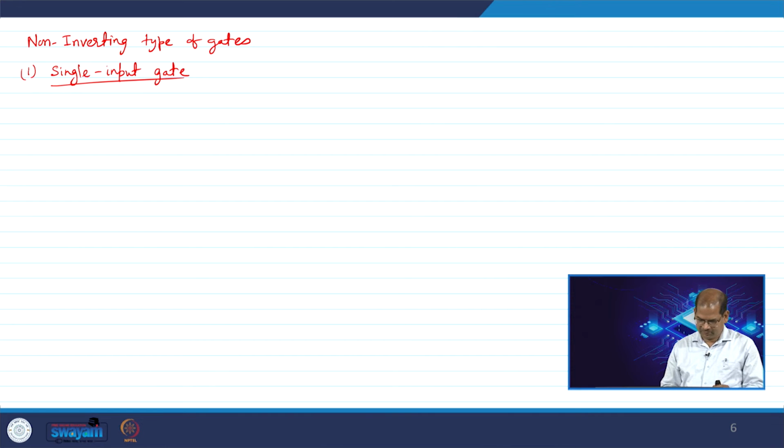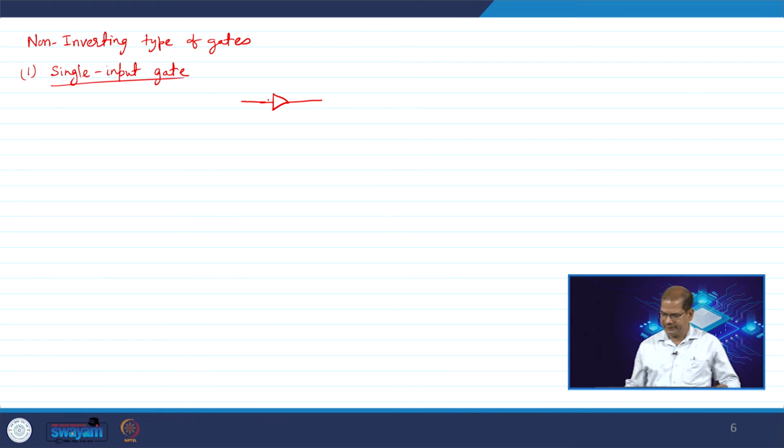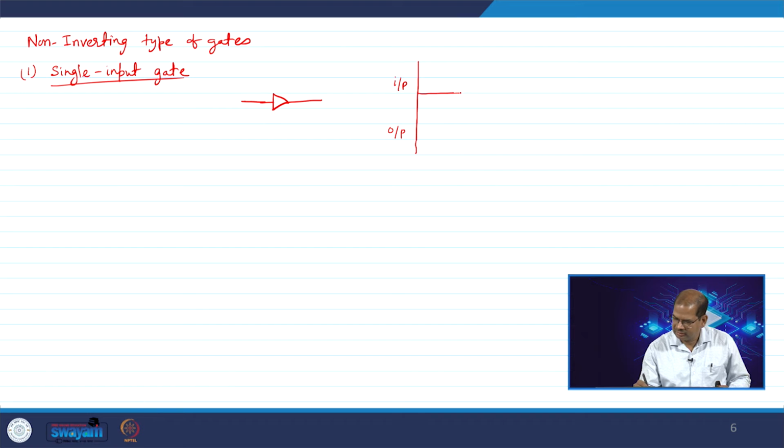So, if I have a single input gate, let us say a buffer, single input, single output, how can I find the output arrival time? Let us say on this time axis, this is the input, this is my output.